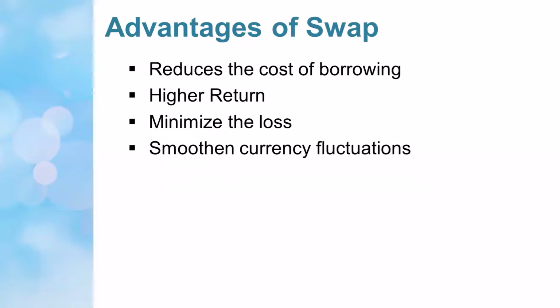So for companies or businesses, it can help in reducing the cost of borrowing. That's the greatest advantage of swap. Earlier, it was not possible. But now, in the global scenario, they can travel anywhere. They can have an agreement with a party in any country who is ready to supply money at a lower rate. Right? Then the second one.